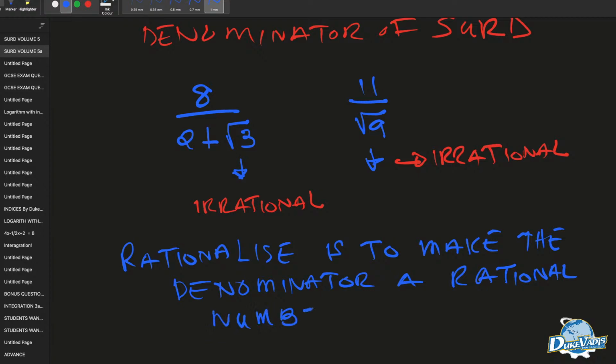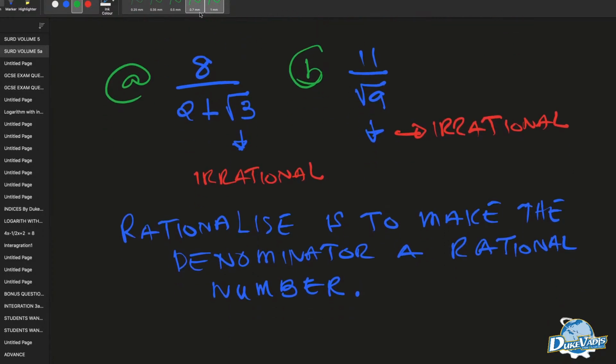So we are going to see how we'll go about it. Let's call our first expression A and the second one B. So we are going to see how to make these two expressions rational. We will start by tackling this idea.